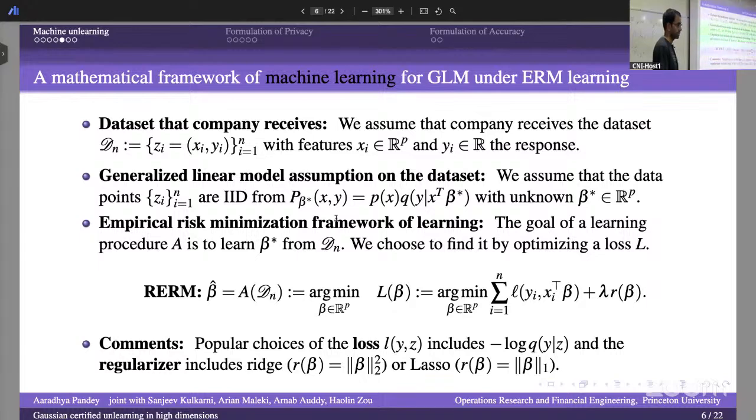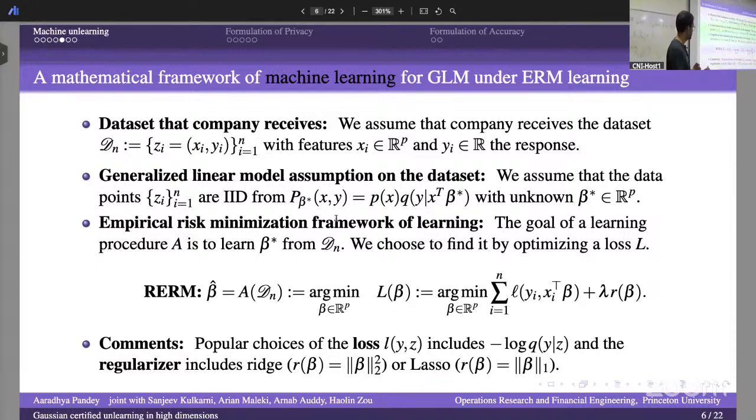Simple examples of generalized linear models include linear regression and logistic regression, and many other models. That's the statistical model that we'll focus on.